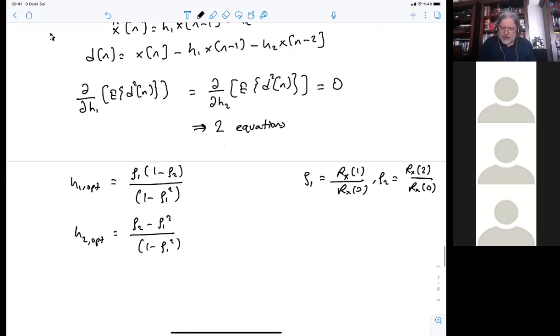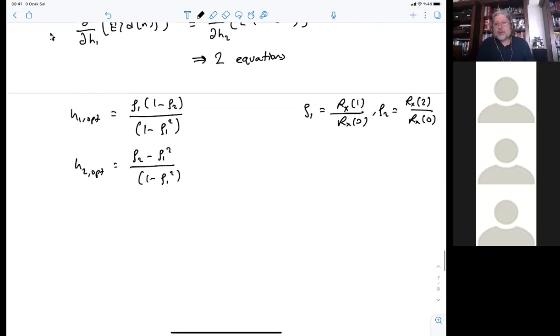Now, I did this example. I show you the results of this example for a purpose. The purpose is the following: to show that H1 optimum is not rho 1 anymore. It changes, by contributing some information from the second past data, by incorporating a new value of H2.